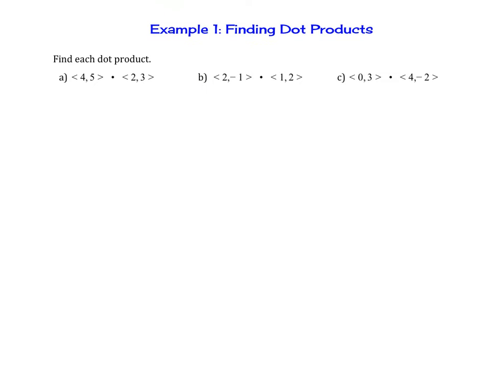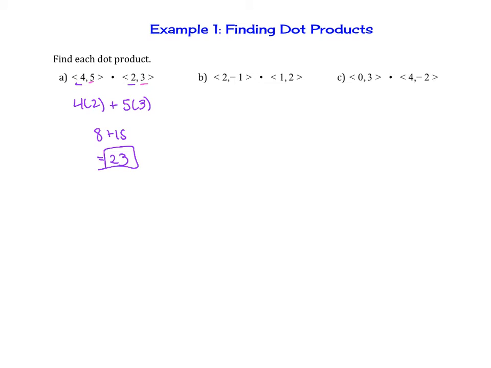So let's find the dot products. Find each dot product. We have 4, 5 times 2, 3. You multiply your x's together, the horizontals, and then the verticals, and you add them. So this is 4 times 2 plus 5 times 3, so 8 plus 15, which is 23.